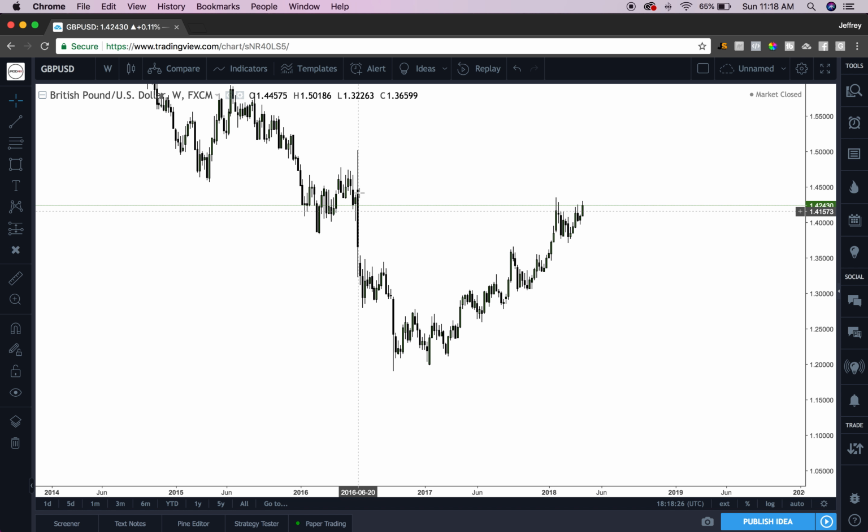This candle here, ugly, huge spike wick up, then drop down. This is Brexit. If you didn't know what Brexit was, it was a major foreign news event for the pound. There was a lot more that went into it, but in basic form, it was one of the most volatile days in the market ever.